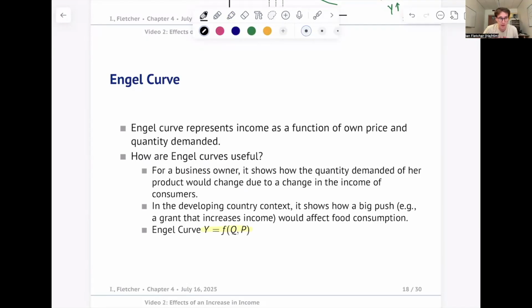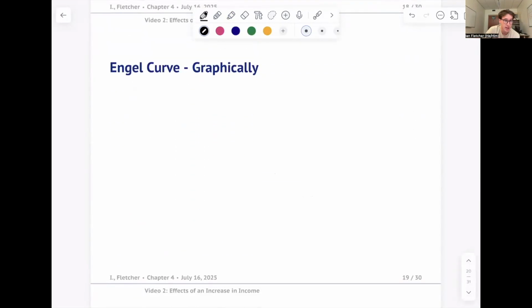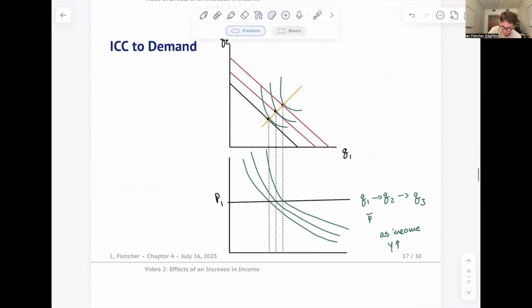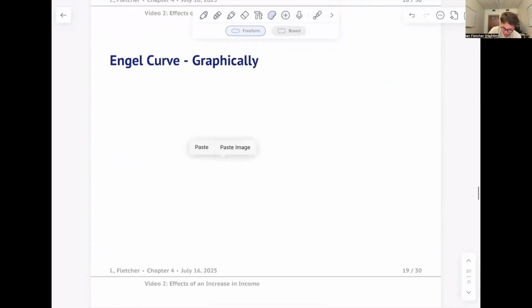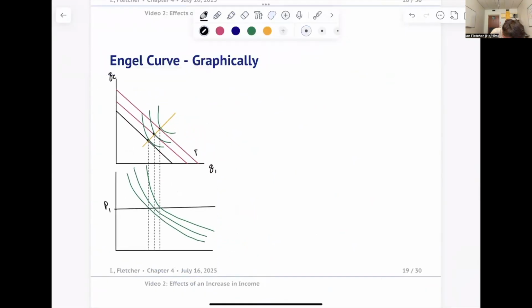So if we recall our income consumption curve, our Engel curve, if we come back up here and we have these two graphs, we know that this is budget line one. This was budget line three. This was budget line two.